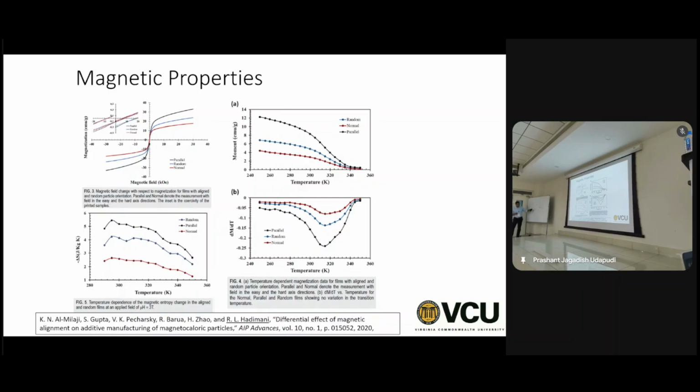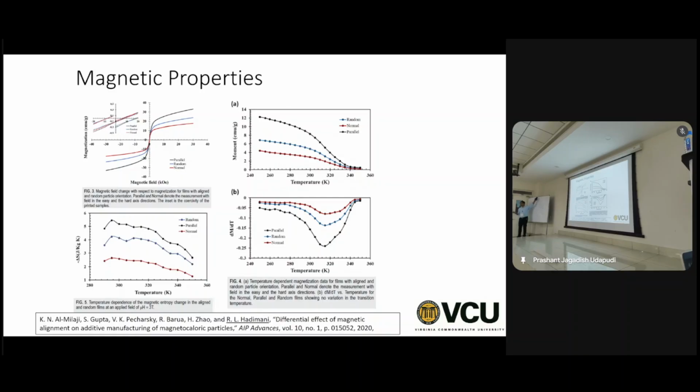Okay? So if you have a polycrystalline sample, what will happen? This is a single crystal sample, right? The a-axis is the hard axis, the b-axis is the easy axis for magnetization. You don't call it easy and hard for other property measurements, for example, thermal conductivity or Young's modulus or electrical conductivity.